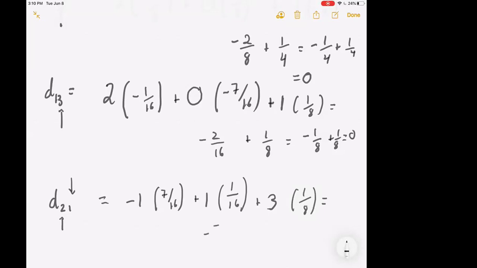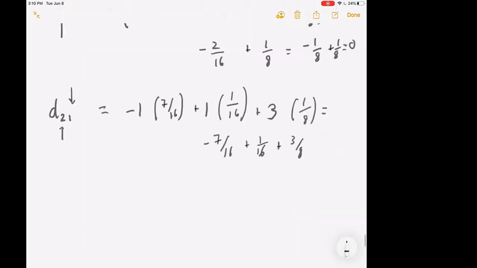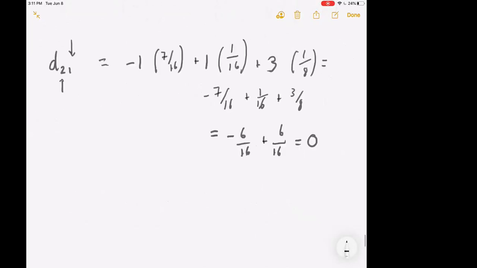So let's see, that's minus 7 over 16. That's plus 1 over 16. That's plus 3 over 8. That's going to give me minus 6 over 16 plus 6 over 16. So that matrix element is going to vanish.